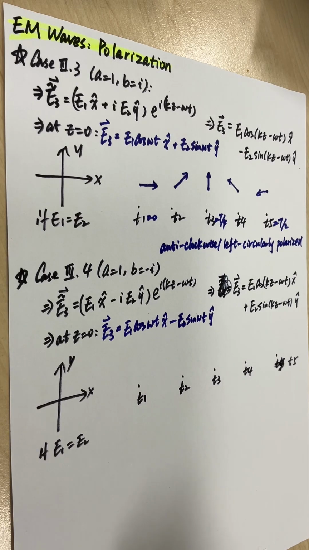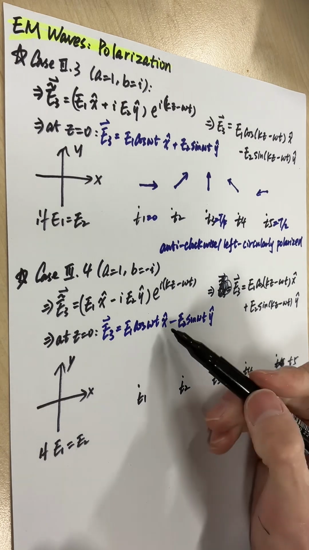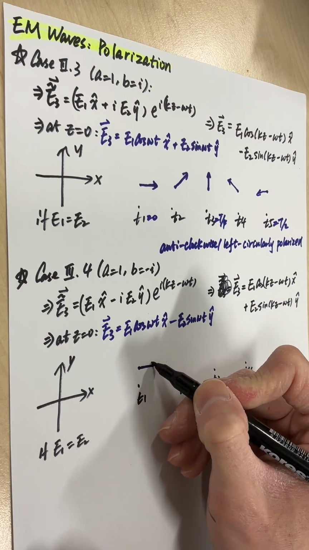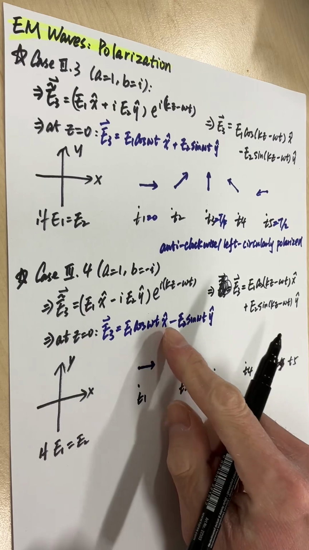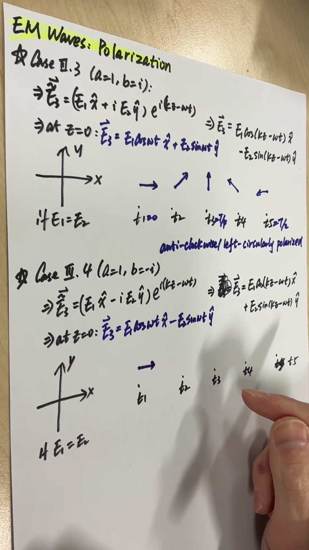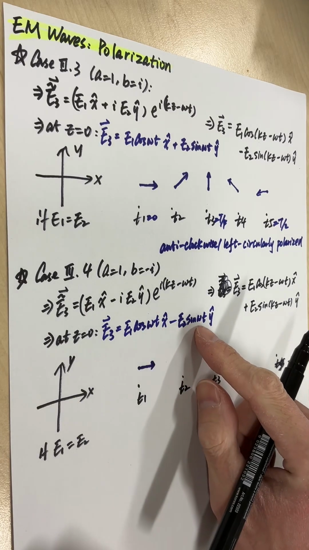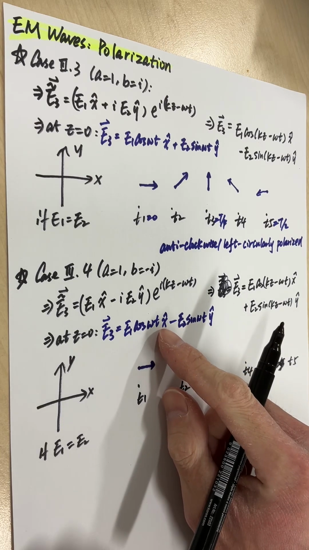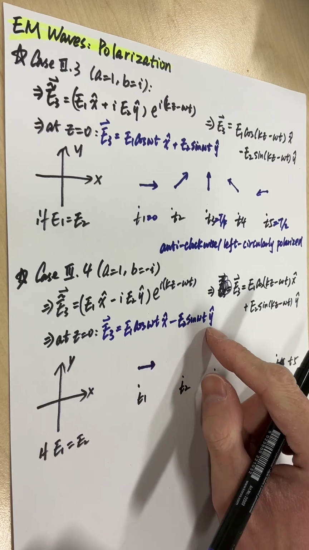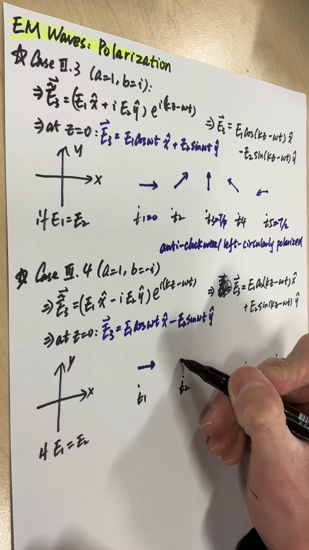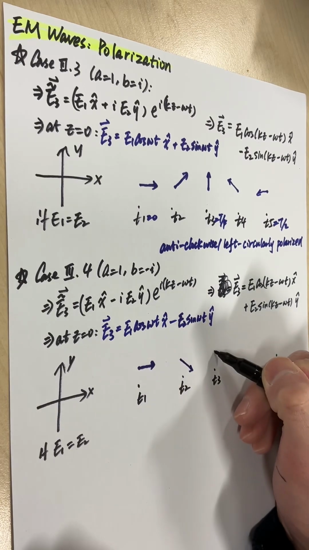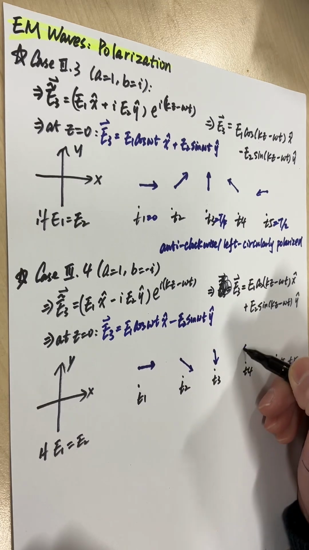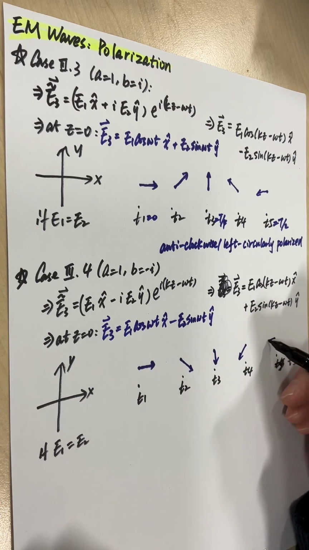We have at the beginning, when t equals 0, we have positive maximum in the x direction. And then when we have a small value, then it's positive in the x direction but negative in the y direction. So this would rotate this way, and then this way, and then this way, and then this way.